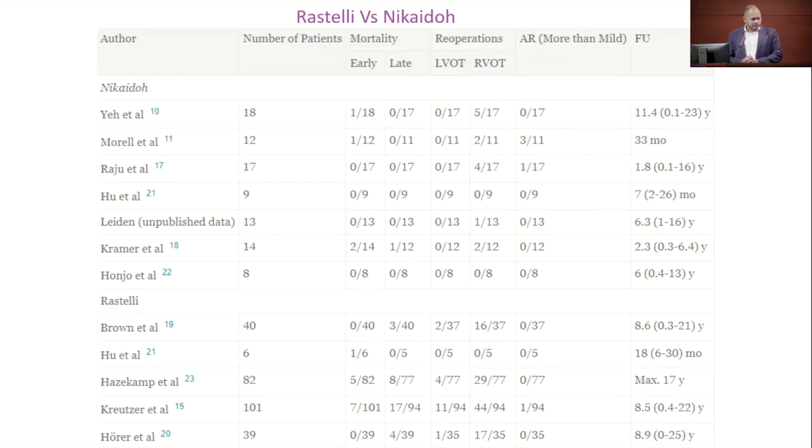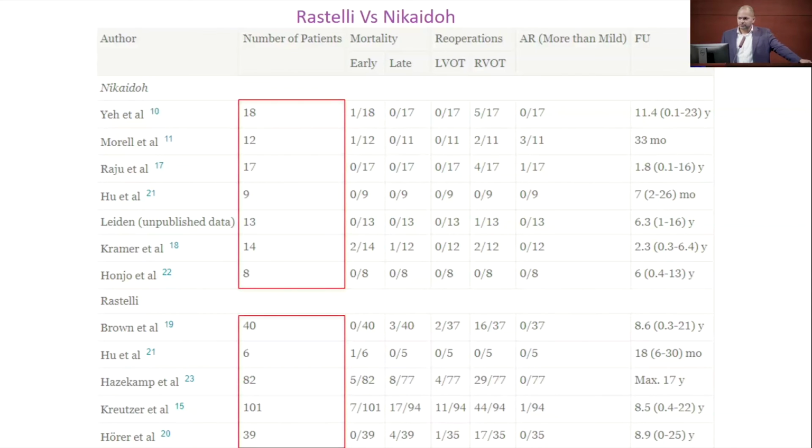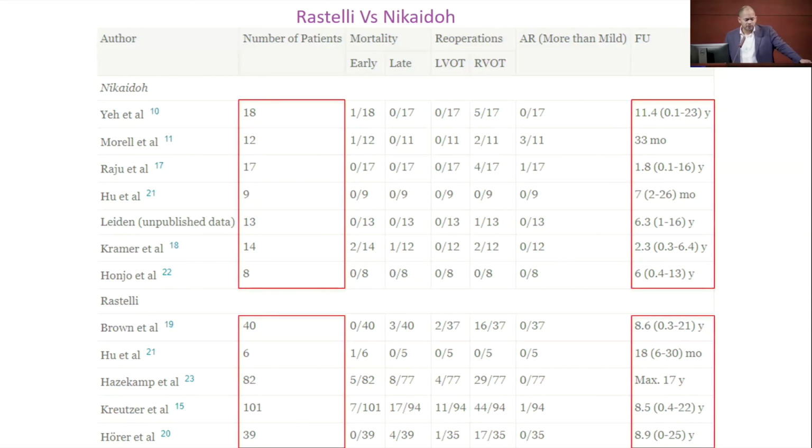Coming towards the end, this is a comparison of most of the studies which are out there reporting the data about Nikaido in the top and Rastelli at the bottom. If you look at the number of patients, the largest study for Nikaido was 18 patients, and most of them are in single digits, slightly higher numbers for the Rastelli. And the same thing with follow-up data. We have a longer follow-up because Rastelli has been around for longer, and not a lot of long-term follow-up data for Nikaido.